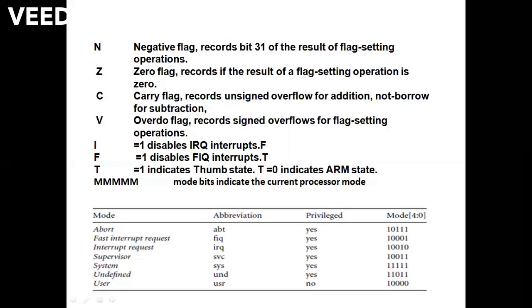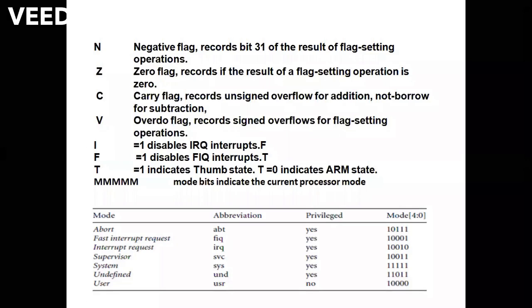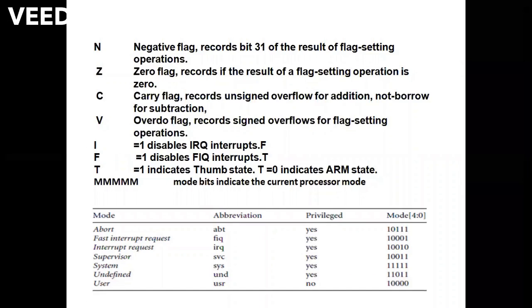So whenever the processor is executing a user related task, and the user is trying to enter into the prohibited or protected area where it is not supposed to be entered, it will give an alert to the user saying that you are trying to enter a protected and prohibited area. It will immediately stop executing the user task and switch over to the abort mode.